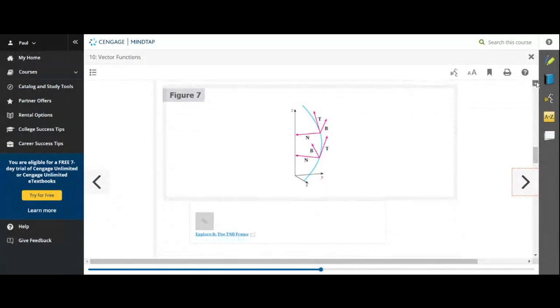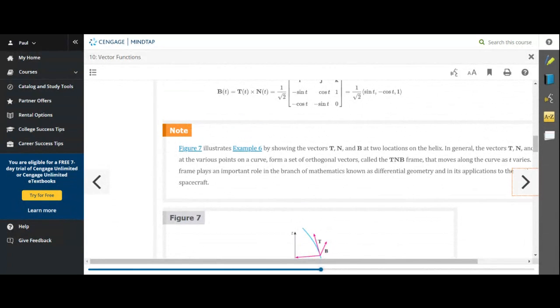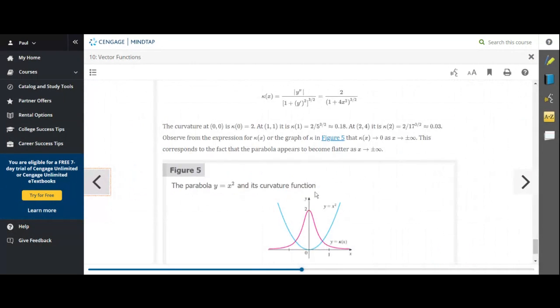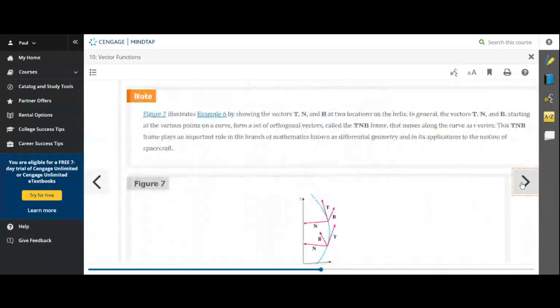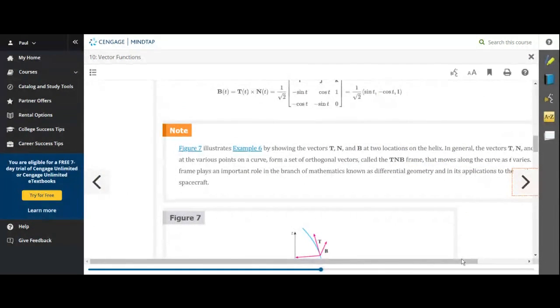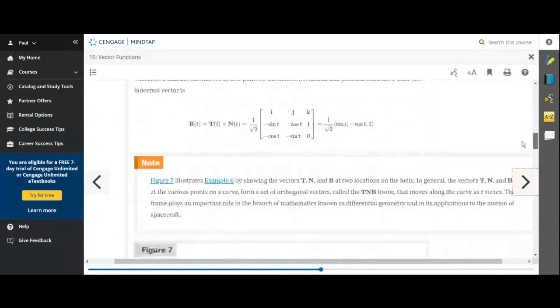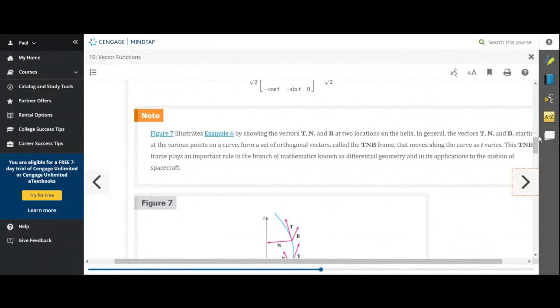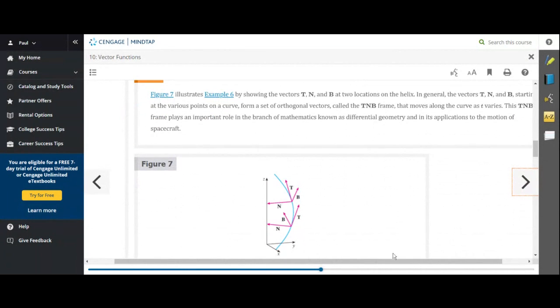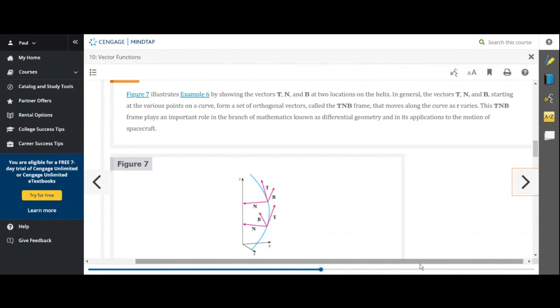They talk about it a little bit down here. So figure 7 illustrates vectors T and B at two locations on a helix.